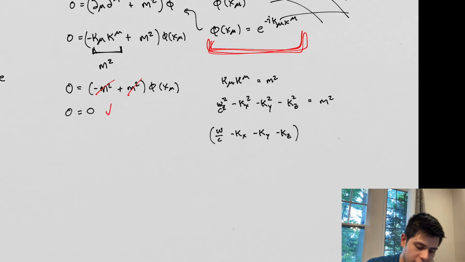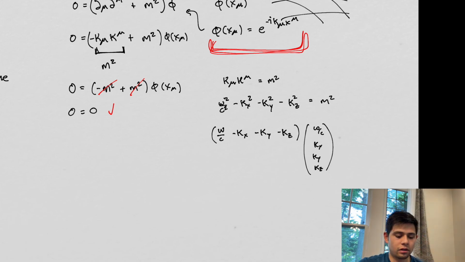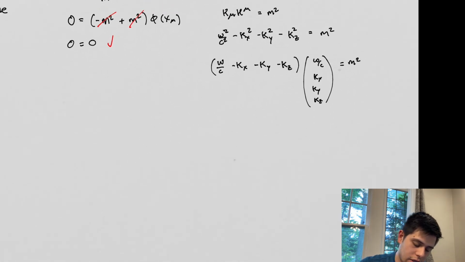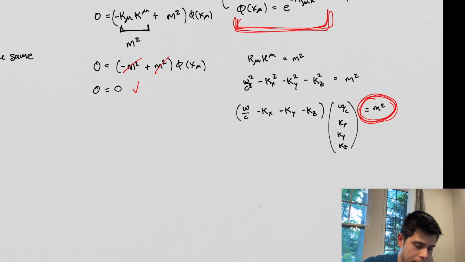So we have our covector and we have our vector, and that's going to give us m squared, like that. And so this again right here is the proposition we're making. This is all equal to m squared.